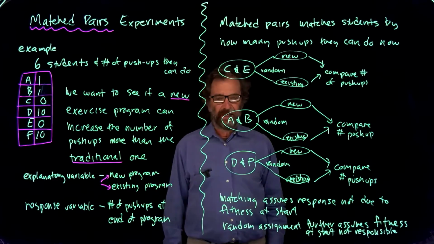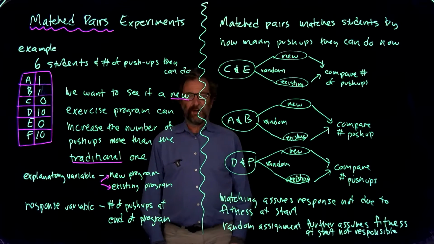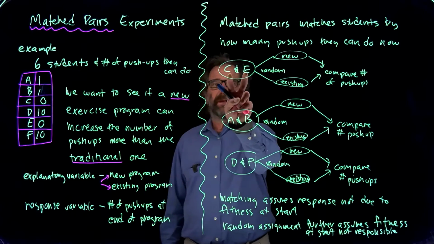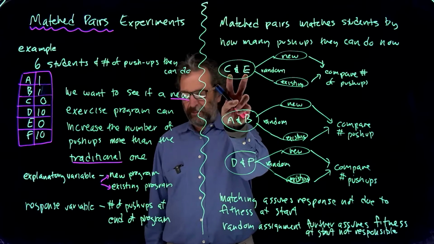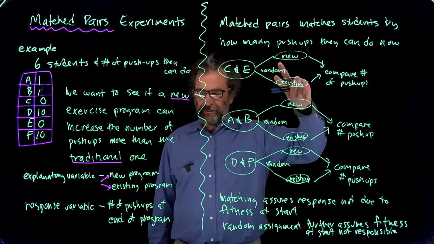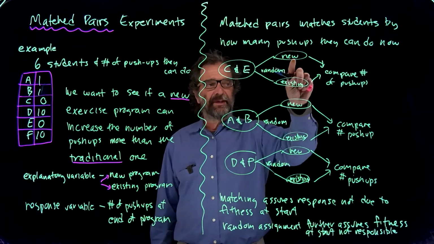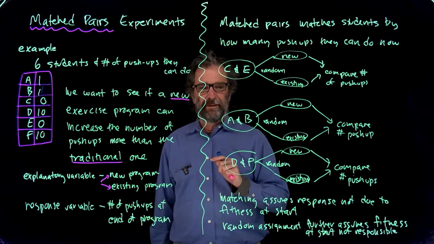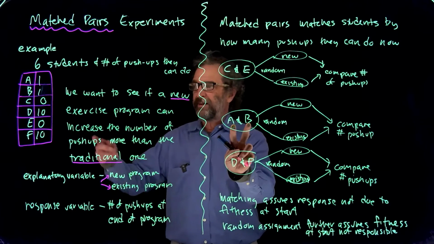And so that keeps those other variables from maybe having such a strong impact on the results because you've randomly assigned the individuals. So whoever might have been more likely just because of their characteristics to produce more push-ups, they're randomly assigned to the treatments. We're trying not to systematically put them in the new group or in the existing group if such a thing exists between the two people. We've already made them as close as we can based on the data we have.